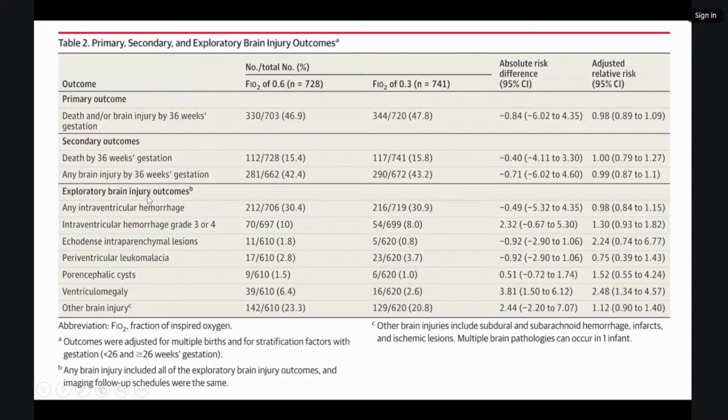The rest of the brain injury outcomes did not reach statistical significance, that is IVH, parenchymal lesions, leukomalacia, porencephaly, epilepsy, or other brain injury. So only ventriculomegaly had a significant difference in exploratory outcomes. The rest of the primary and secondary outcomes do not show a statistical difference between the two groups, that is 60% versus 30%.